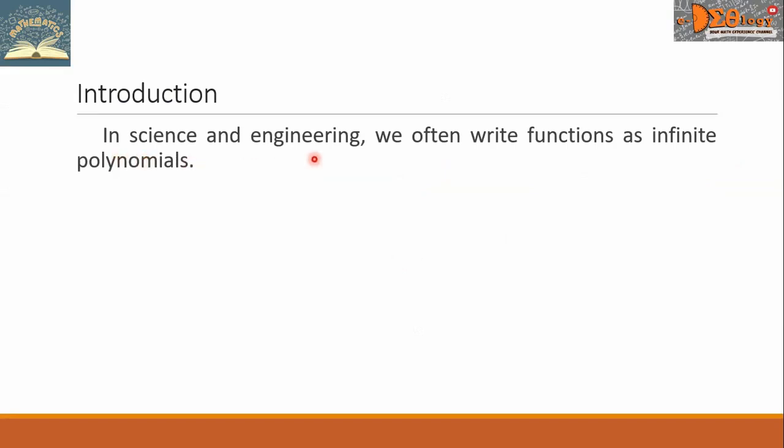In science and engineering, we often write functions as infinite polynomials. For example, we have 1 plus x plus x squared plus x cubed plus up to x raised to n plus and so on.